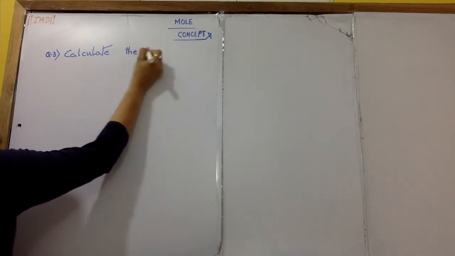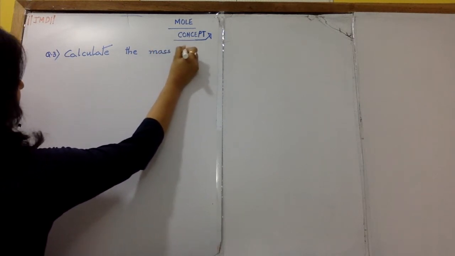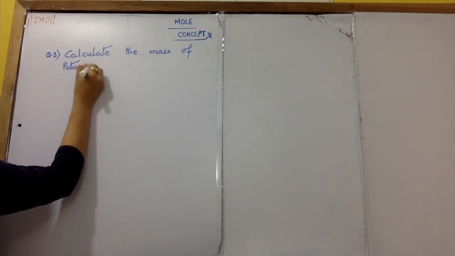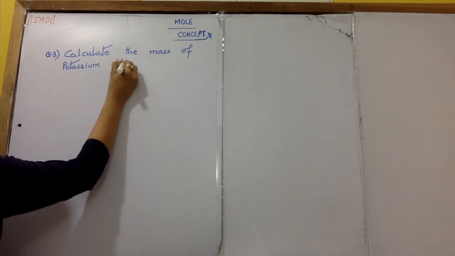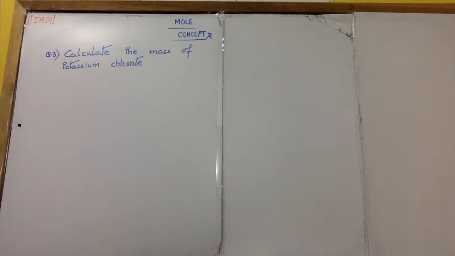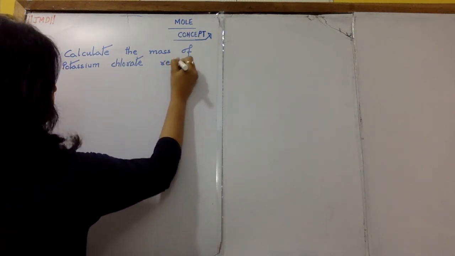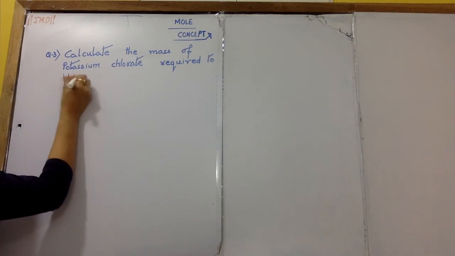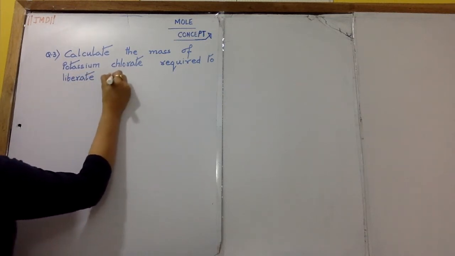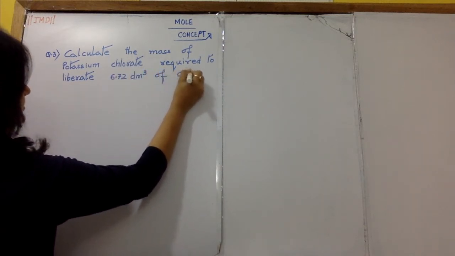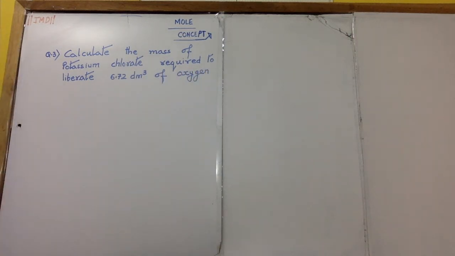Calculate the mass of potassium chlorate required to liberate 6.72 dm cube of oxygen at STP.